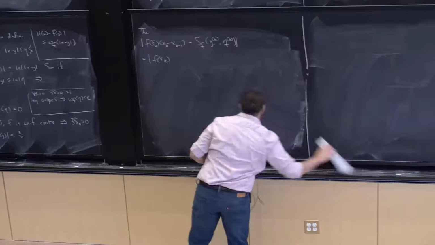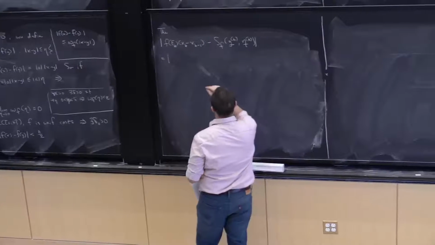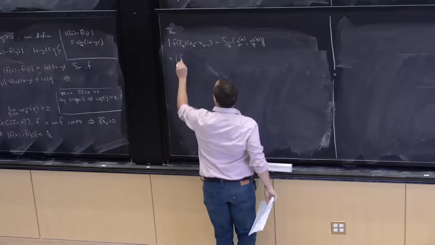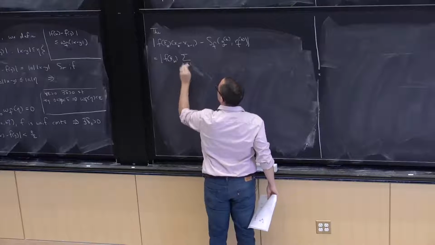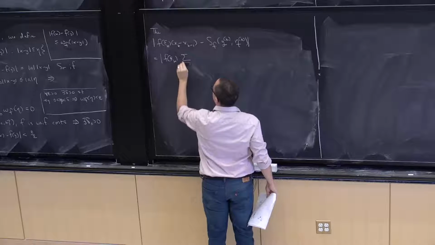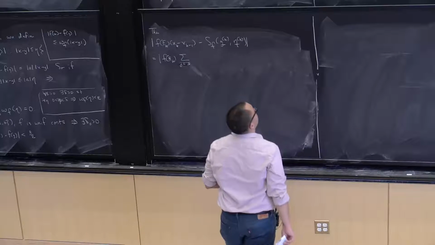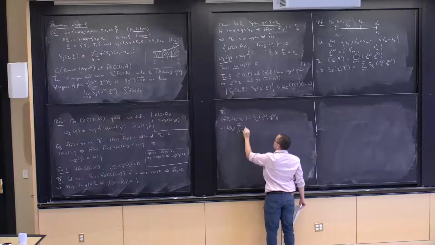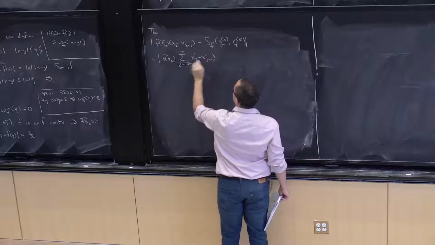Let me rewrite this: x_k minus x_{k-1} is equal to the sum from j equals L plus 1 to m of x prime_j minus x prime_{j-1}.